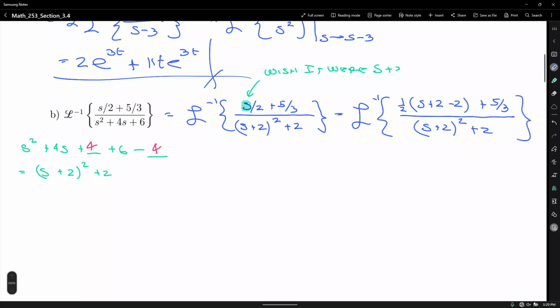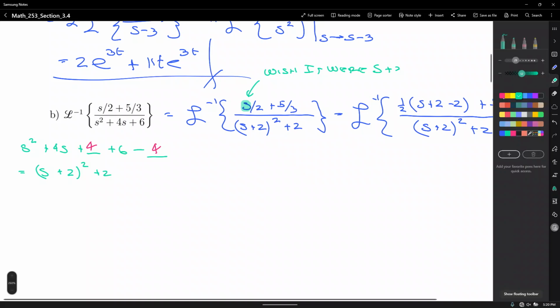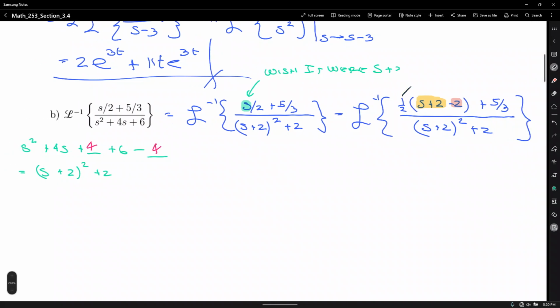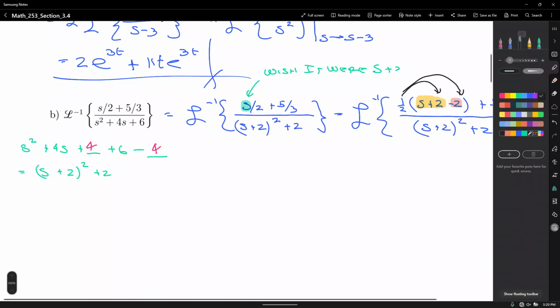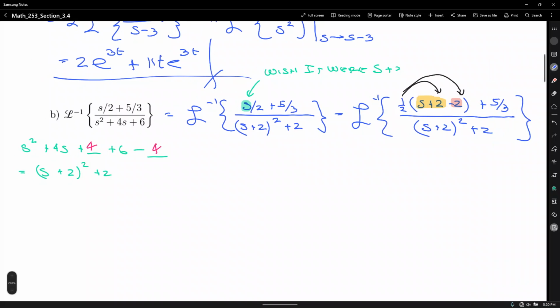Again, let me take the same highlighting approach here. Let me highlight the s plus 2, our shifting, with the same color as before, and the 2 here. So let me distribute, do the algebra and keep whatever works.